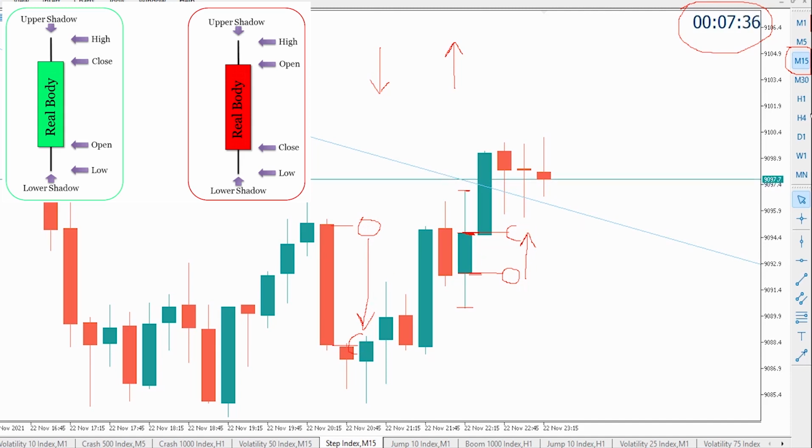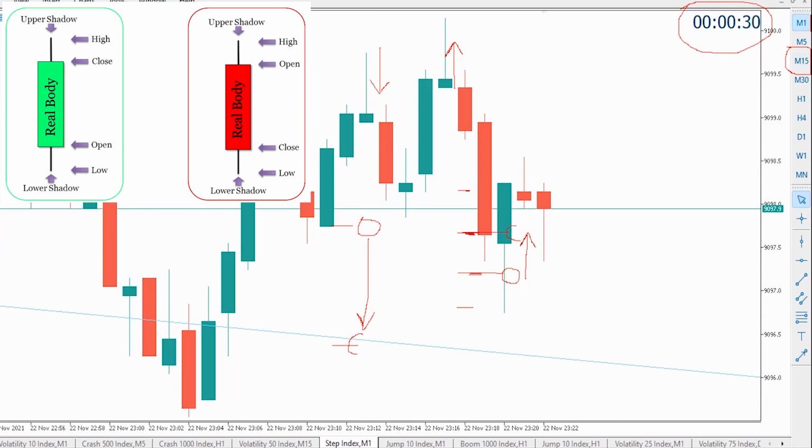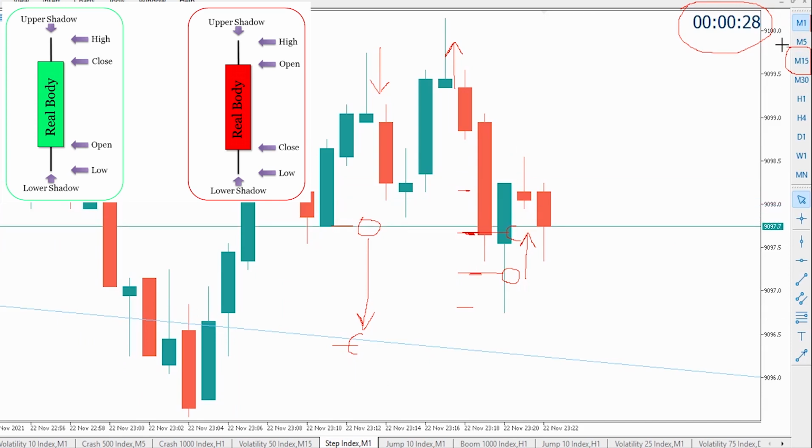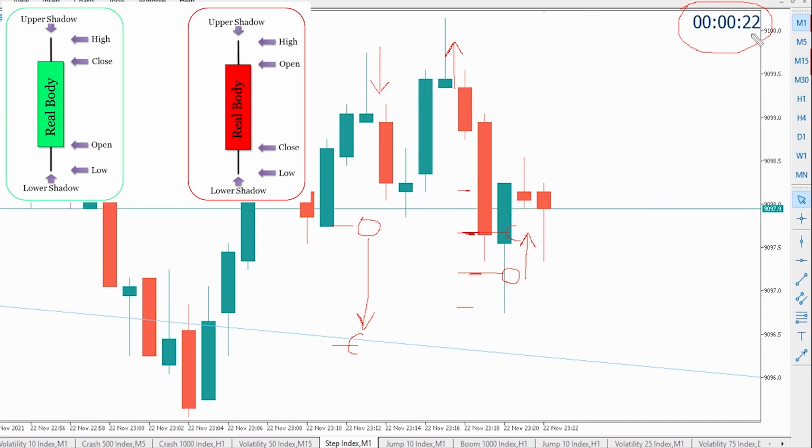So let's go to 1 minute and follow this open and close in real life so that we understand what we are talking about. So we are now on 1 minute. You can see we have 21 seconds for this candlestick to form.